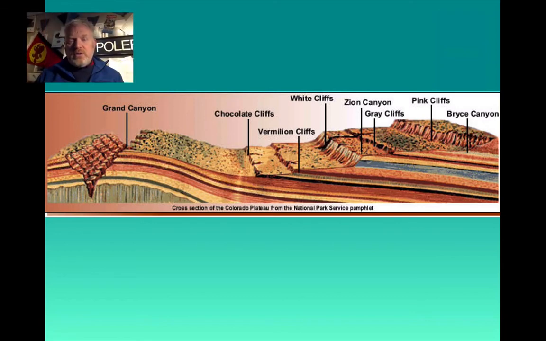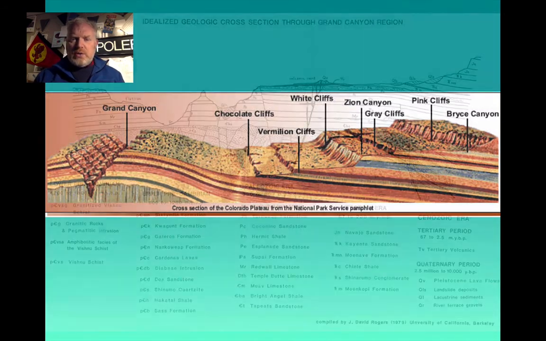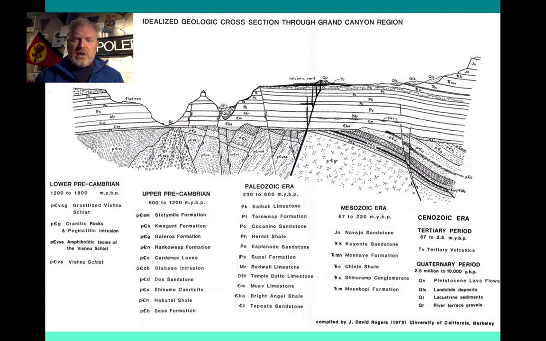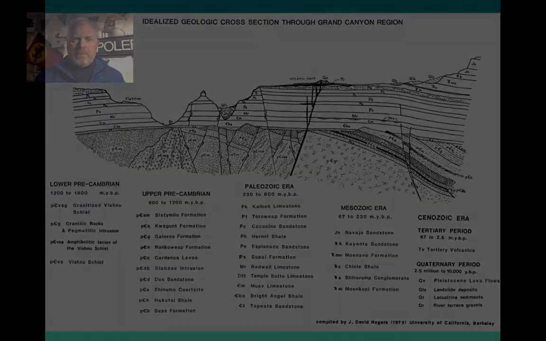As we said in part one, by applying these sequences not just in the Grand Canyon but in these other areas, Zion Canyon, Bryce Canyon, in the Colorado Plateau, this area in Utah, it enables us to come up with this huge sequence of geological time. This incredible record going from the lower Precambrian right the way through almost to the present day.